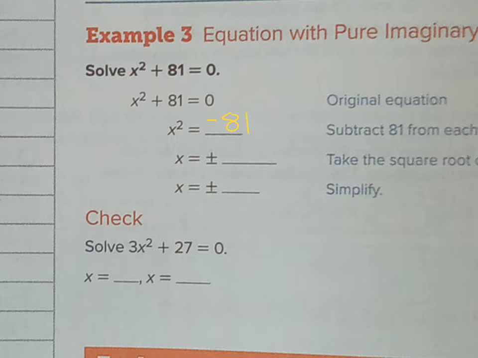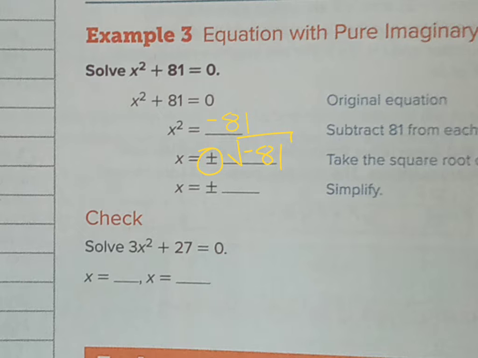So what's the opposite of squaring? Square rooting. So we're going to square root both sides. So this would be the square root of negative 81. And now all of a sudden we have this plus or minus situation. The easy way to say this is, if you're doing an equation and you need to take a square root at some point, you better get a positive and a negative answer.